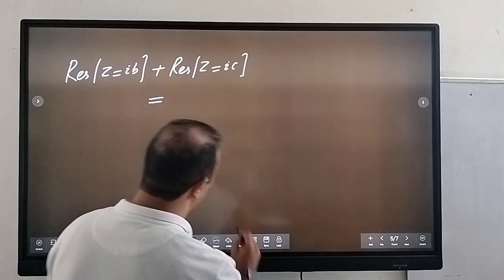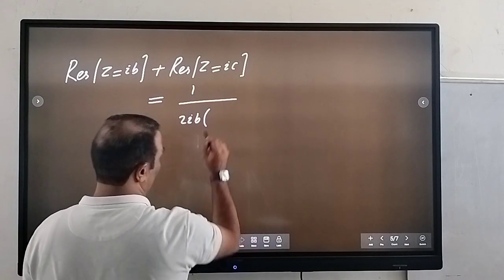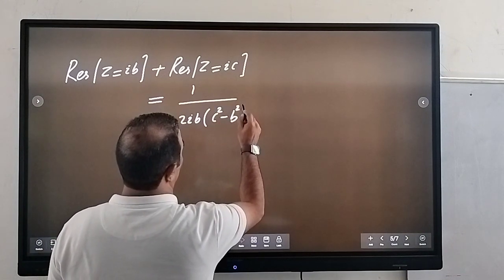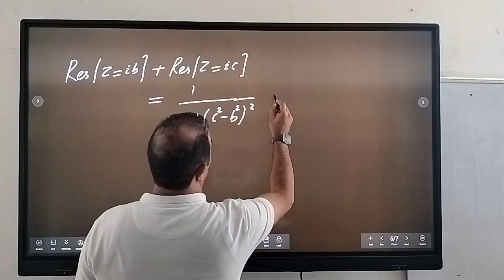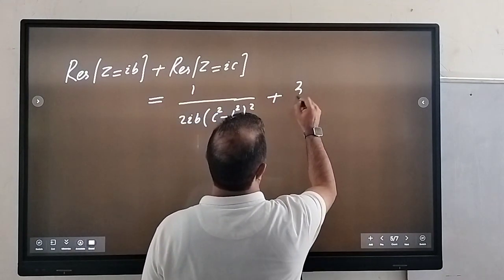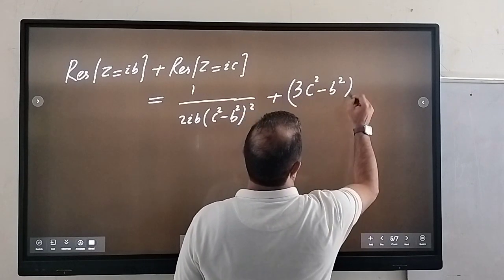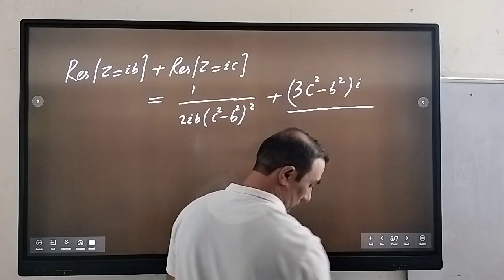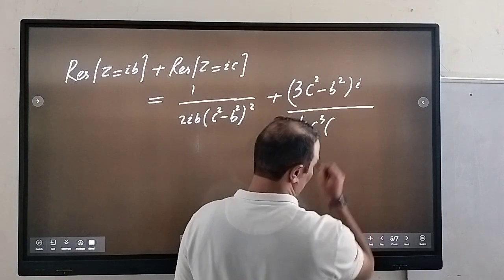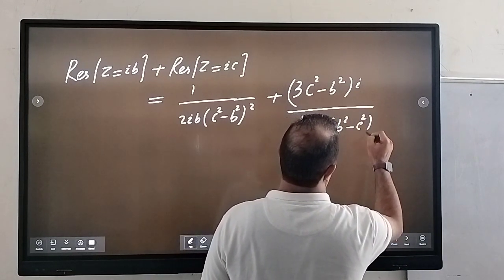This is equal to 1 divided by, plus, divided by b square minus c square, right?